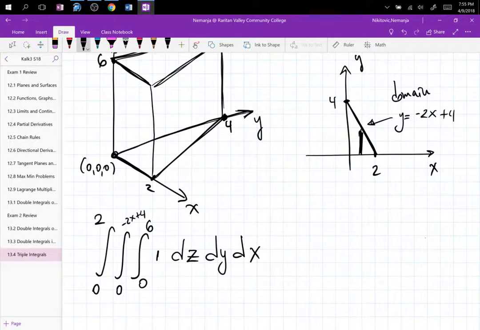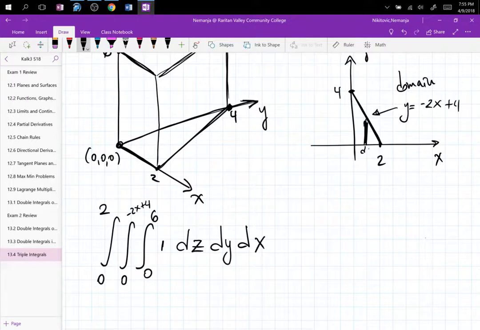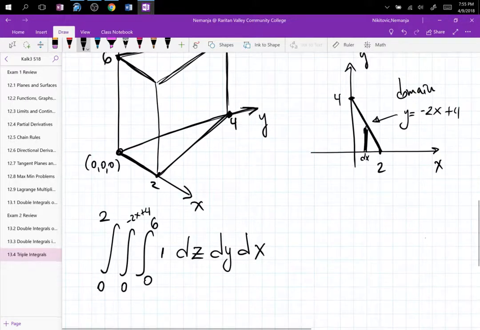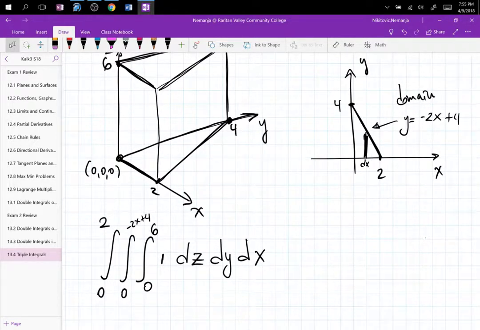So what happened here? Again, I use the power of the dx representative rectangle. The representative rectangle has to start with its first value on the y-axis, and that's when x is equal to 0 for the limit. And then it's going to take all of the values all the way to 2, which is the reason why dx goes from 0 to 2.